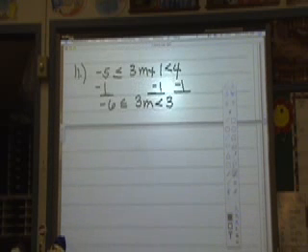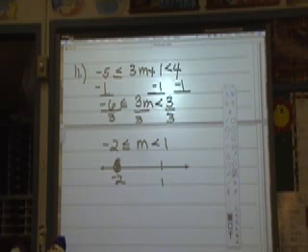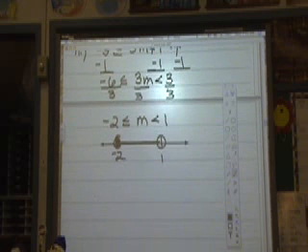Divide by 3 on all sides. And you have negative 2 is less than or equal to m is less than 1. And then graph it. And there's a closed circle at negative 2 and an open circle at 1 and shade between. Good. Number 13.